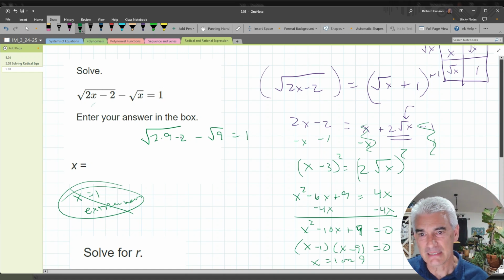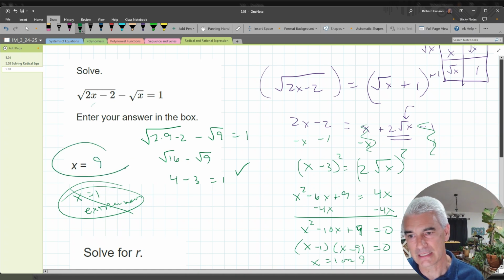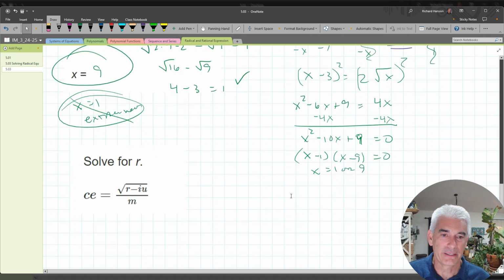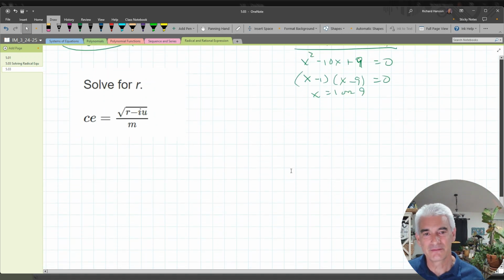This is 18 minus 2 is 16. The square root of 16 minus the square root of 9. This is 4 minus 3 equals 1. Yes, that means 9 is the solution. X equals 9 is, in fact, the only solution because there was an extraneous solution. Lots of algebra here, but, you know, we can do it.